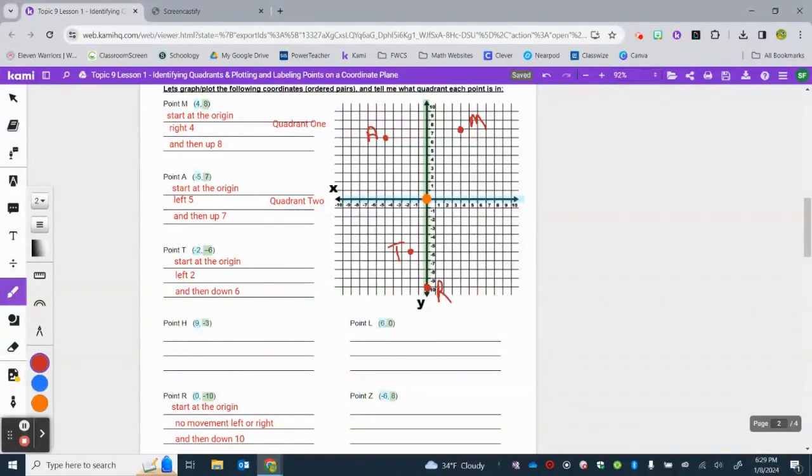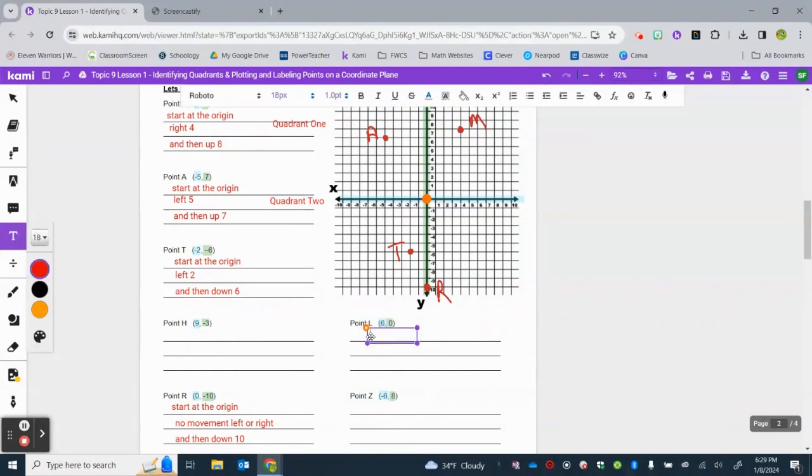If we look at point L, it is very similar, but notice that the 0 is in the second coordinate, so that we're not going to have any movement along the y-axis. We're not going to be moving up or down at all. So again, graphing a point, always going to start at the origin.